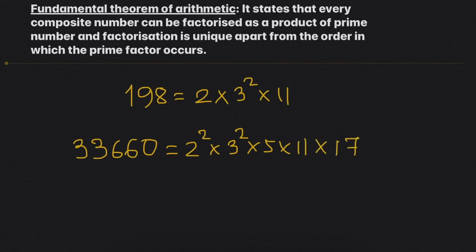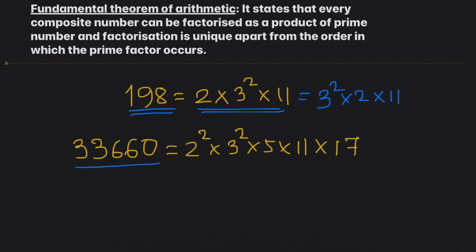So here we have seen 198 is a composite number and it can be factorized as a product of prime numbers, apart from the order in which the prime factors occur. That means we can write it as 3 square into 2 into 11, which is also correct. Also in 33660 we get the prime factorization. This is a factorization, that is multiplication, so we can change the order of the prime factors.